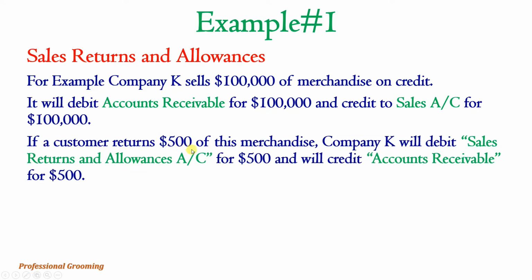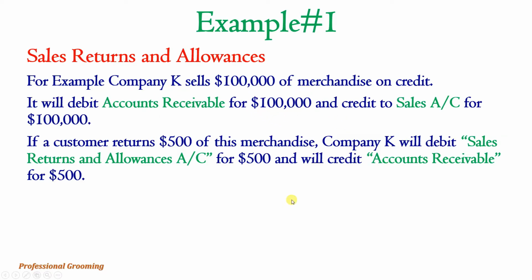So if a customer returns some damaged goods worth $500, company K will debit the sales returns and allowances account for $500 and credit accounts receivable for $500. As you can see here, the contra account is the sales returns and allowances account, which now has a debit balance of $500, and our sales account has a credit balance of 100,000.